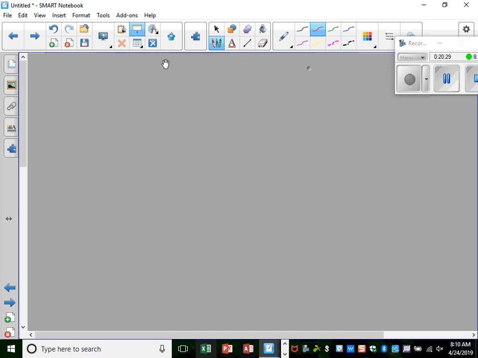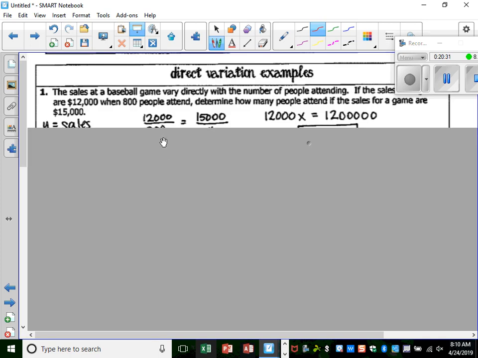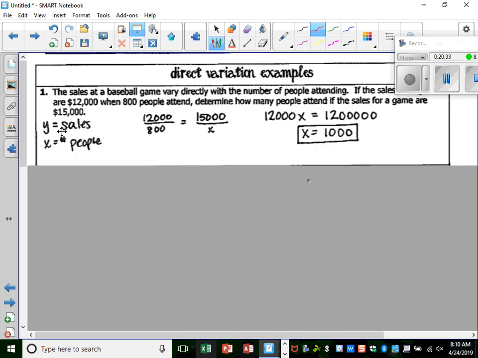So the way to set these up, let me just go over what you're going to do here, is you're going to identify what's in the problem, what they're talking about. It says the sales at a baseball game, and since sales comes first and it tells you it's varying directly, then sales will be your Y value.